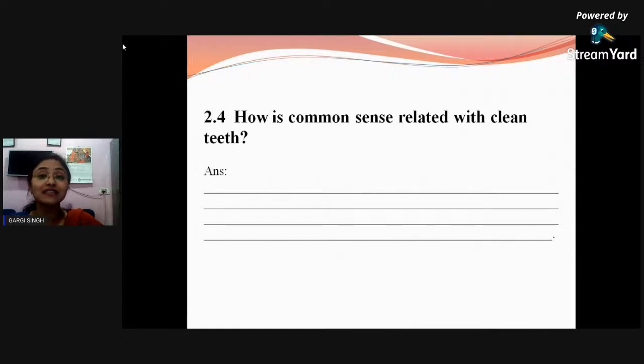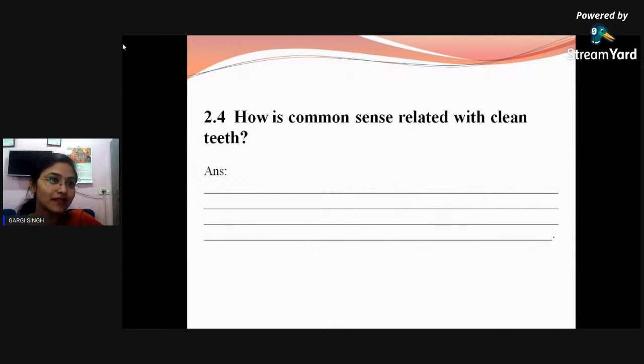How is common sense related with clean teeth? Okay, waiting for the answers. It also represents the health of a person, Bharti says.